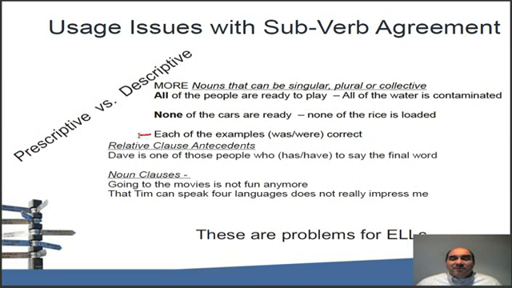Here's one that we're really going to have trouble with. Each. Each is usually assigned to singular, each one. Okay? So some will say each of the examples was correct. That's probably the prescriptivist way of describing it. But there are many people who would say each of the examples, well, examples is plural, therefore I'm going to use were. Each of the examples were correct. If I'm teaching students this, and my students are going to college, I will probably encourage them to look at the more popular was in this example instead of were.